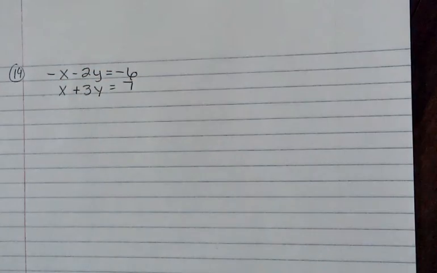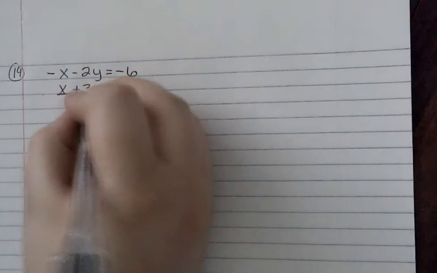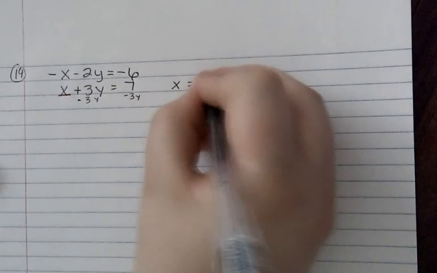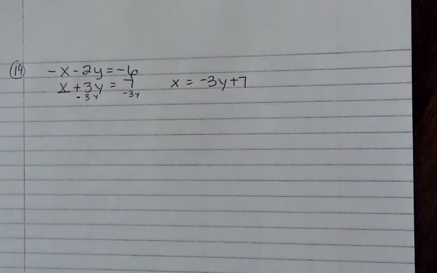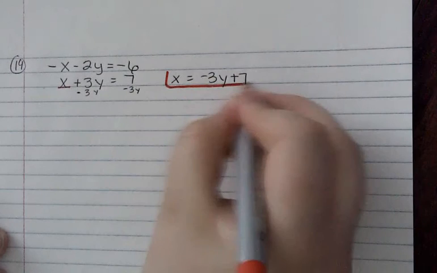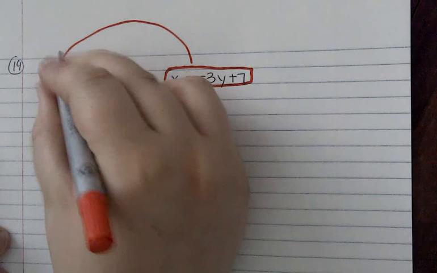So I'm going to get this x by itself because it is the only positive variable without a coefficient. So to get that by itself, I'm going to subtract 3y from each side to get x equals negative 3y plus 7. So I'm going to plug negative 3y plus 7 in place of the x value of my other equation.